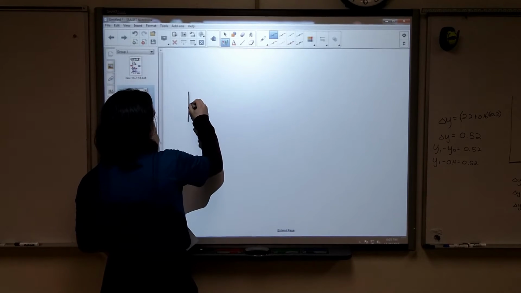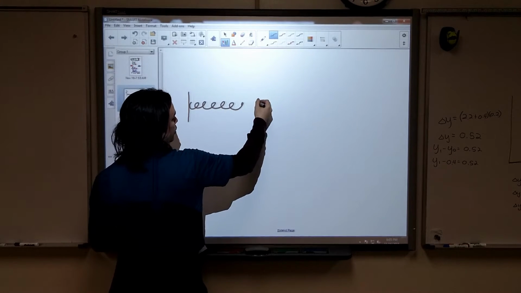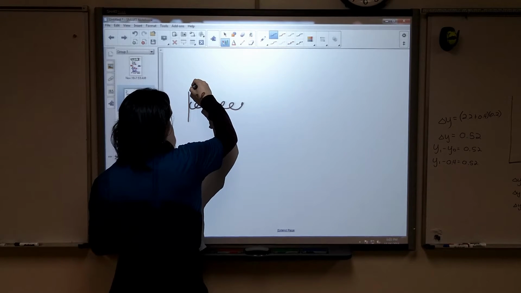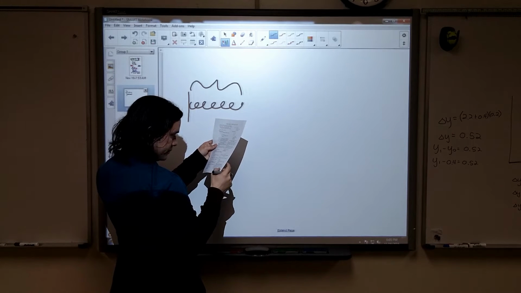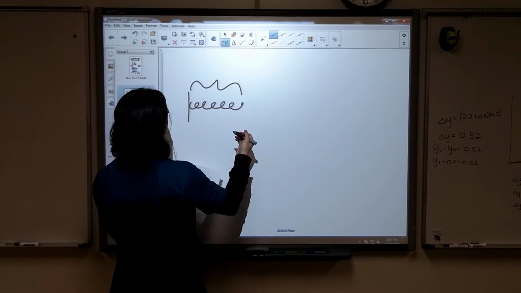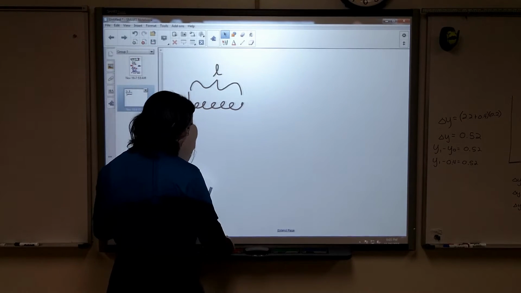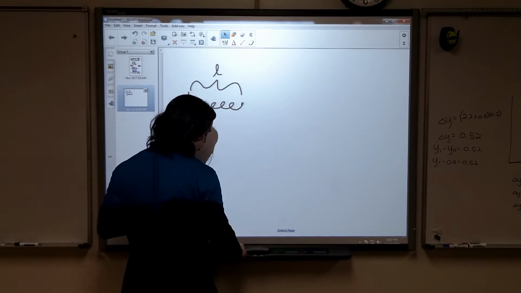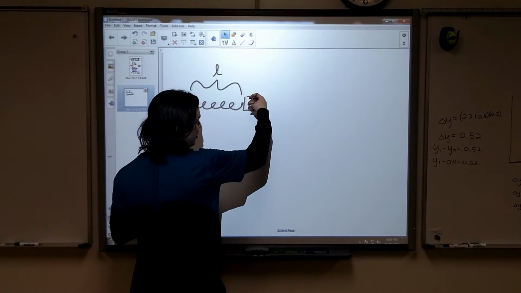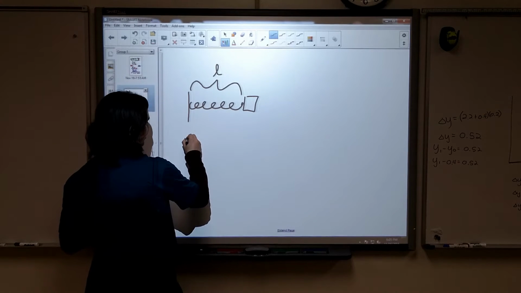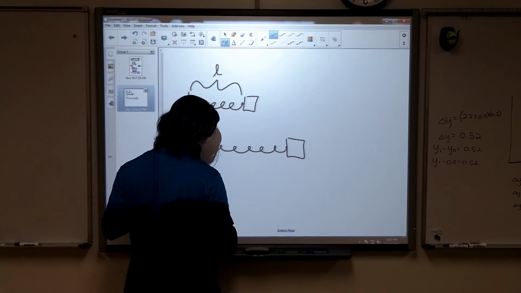What they're saying is we've got a spring, and it starts off with 0 newtons being pulled on it, and it has a natural length, they don't actually tell us what the natural length is, so just call it L. And then they start pulling on this. You can imagine that we have a small block here, and they start pulling on the block and stretch this out all the way to here.